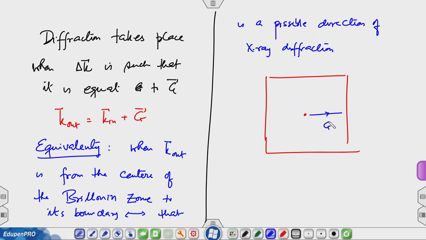Here is G by 2 and here is a K. This K can be written as K out here, which I will call K in plus G. So, it automatically satisfies the condition that K out is equal to K in plus G. I could add higher order of Brillouin zone and there also the condition would be satisfied.